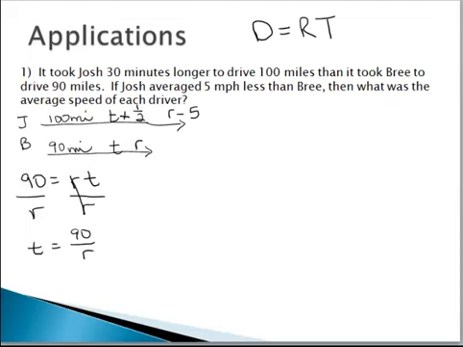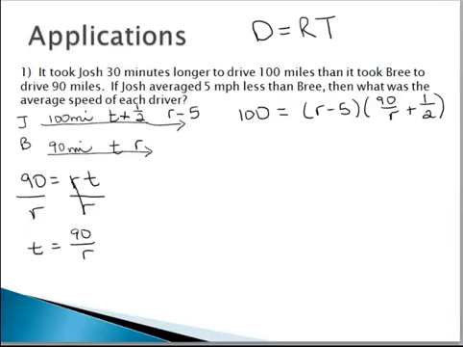So for Josh's equation, we would have distance equals rate times time. Well, his rate is r minus 5, and his time will be 90 over r plus 1/2. Now we just need to try to solve this for r.